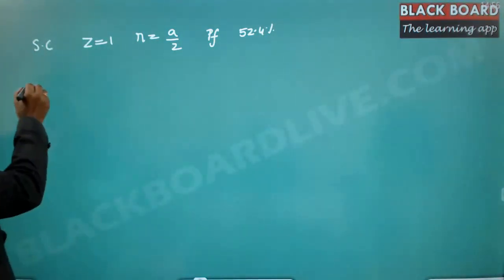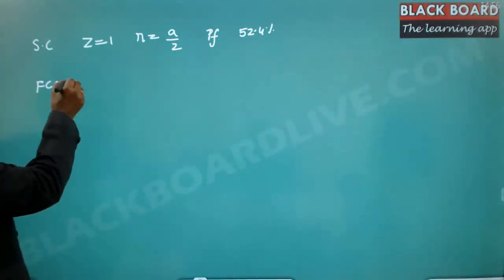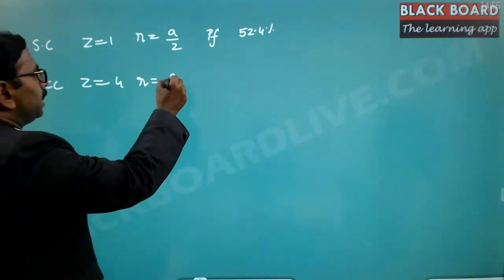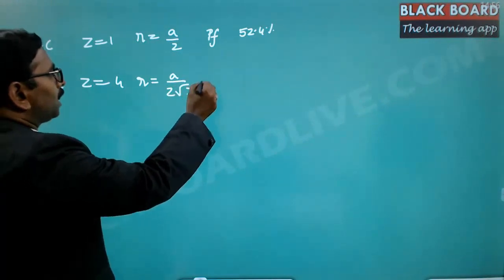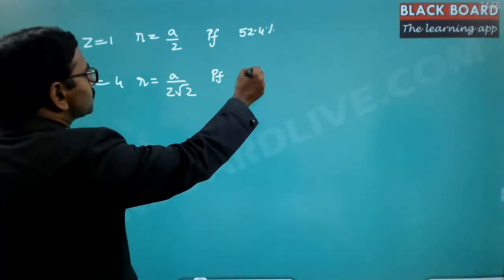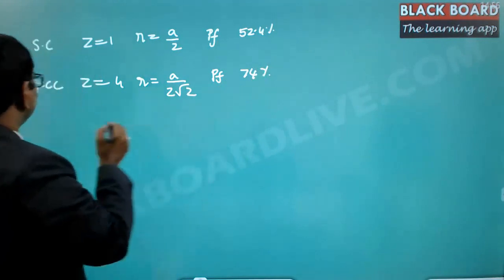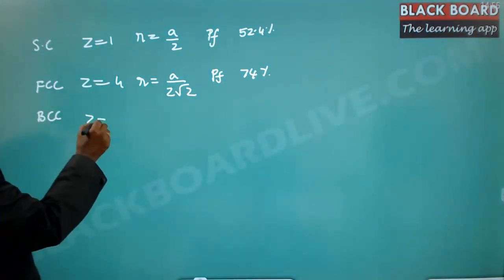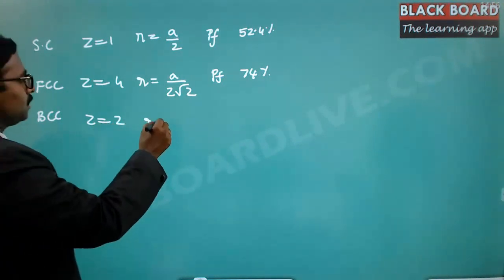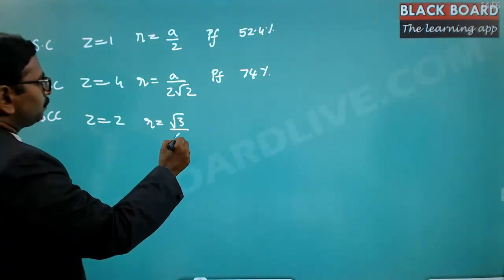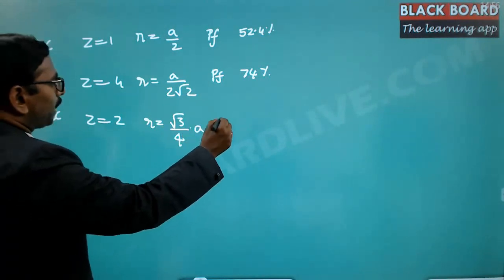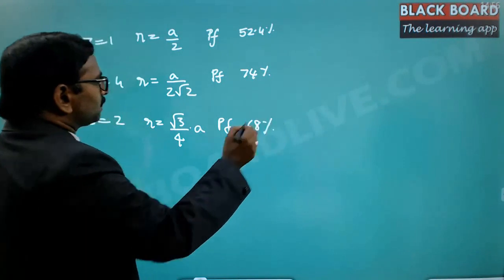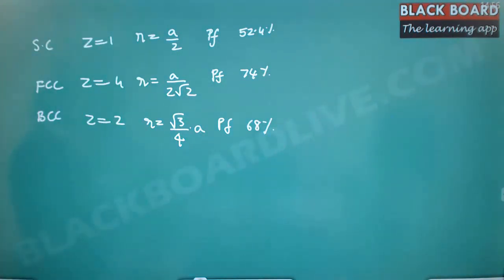Similarly, face centered cube, Z is equal to 4, R is equal to A by 2 root 2, and packing fraction is 74%. Next, BCC, body centered cube, Z is equal to 2, R is equal to root 3 by 4 into A. Packing fraction is equal to 68%. These are the important results.